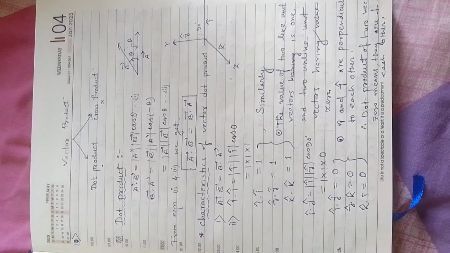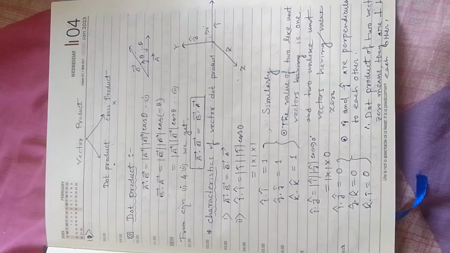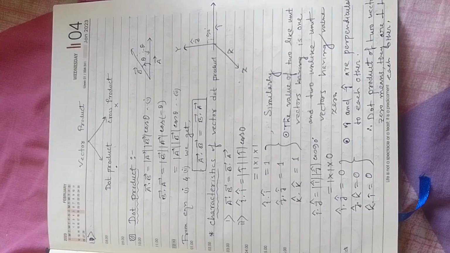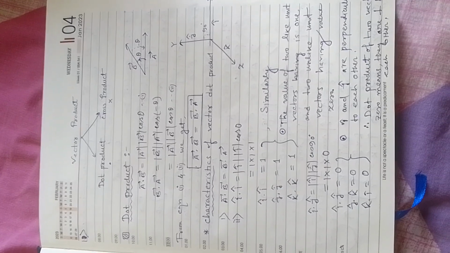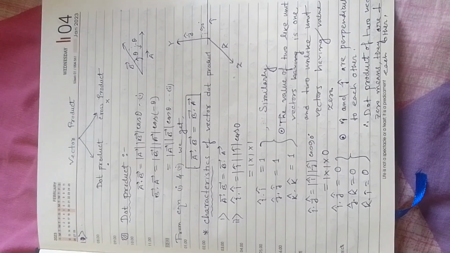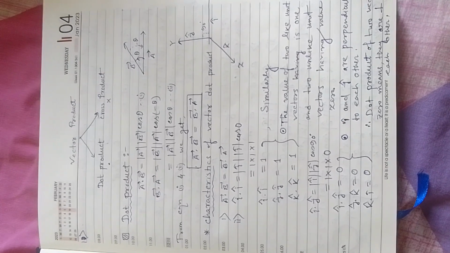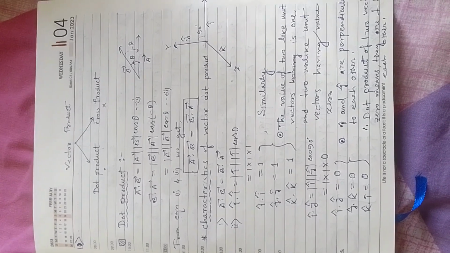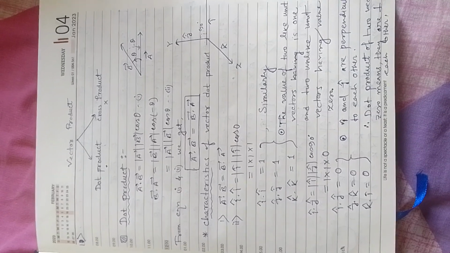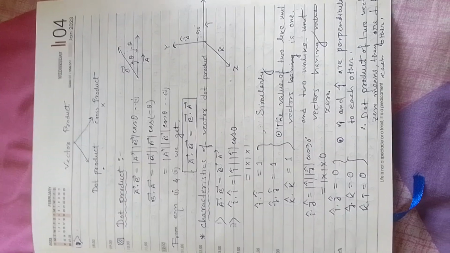When the vector A shifts to vector B, making some angle theta, then it can be shown like A dot B. The dot product formula: A dot B is equal to modulus of A into modulus of B into cos theta.